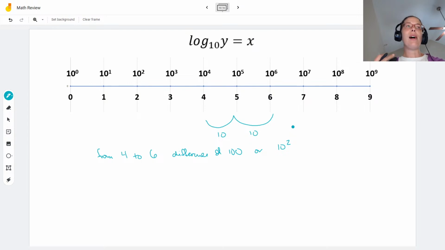So this is why when you have earthquakes, the more you go up the scale, the more destructive it is. So like what would be the difference from, let's still work with 4. Let's say you had an earthquake at 4. So we'll go from 4 and let's take it up to 8.